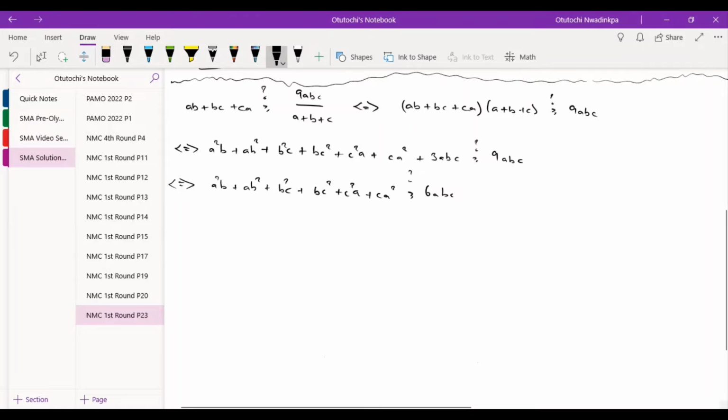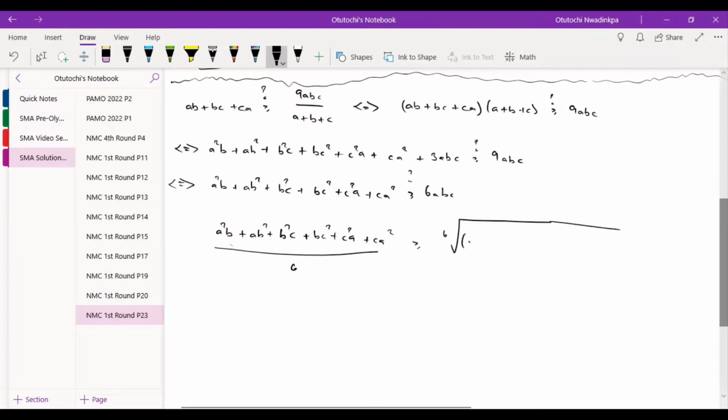So we have that A squared B plus AB squared plus B squared C plus BC squared plus C squared A plus CA squared, over 6, by AM-GM is greater than or equal to the 6th root of the product of all of them: A squared B times AB squared times B squared C times BC squared times C squared A times CA squared.